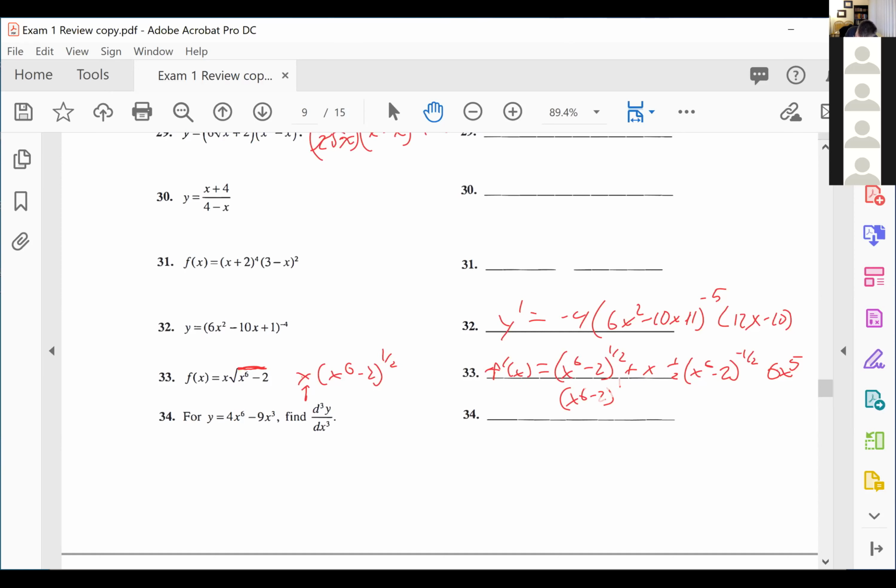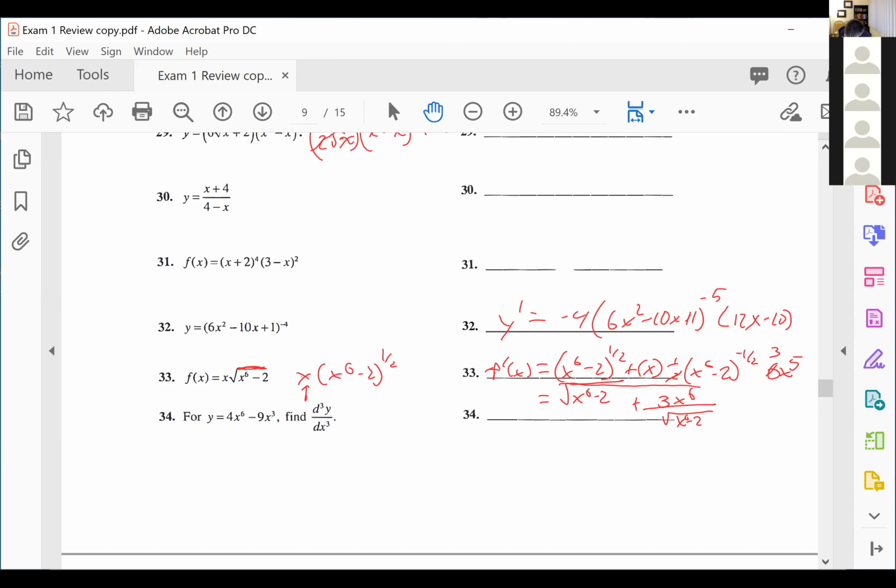Maybe I'll rewrite this in terms of square roots, because they gave it to me in square roots, so I should just leave it in square roots. So this is equal to the square root of x^6 - 2, plus 6x^5 divided by 2, which is 3, and then x^5 times the extra x is going to be 3x^6, all over the square root of x^6 - 2.